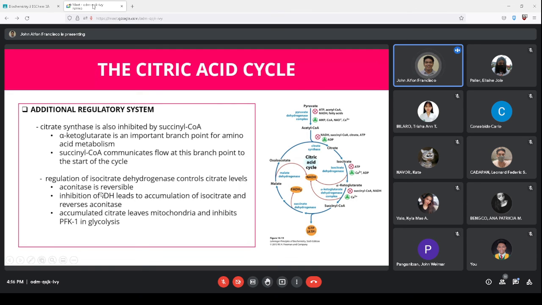Okay? So that's how the compounds within the metabolism interact with each other. They can be the starting material, they can also be the signaling compound to halt or stop the cycle or the metabolism, or they can also be the products from these different starting materials.